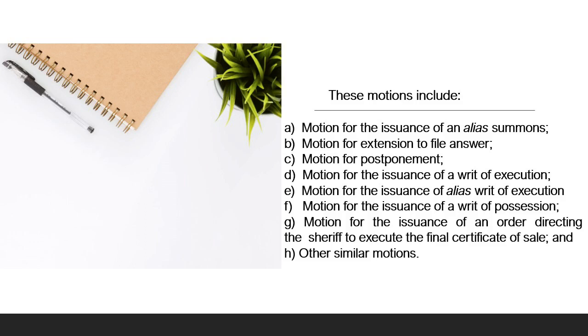Motion for the issuance of a writ of execution. e. Motion for the issuance of alias writ of execution. f. Motion for the issuance of a writ of possession. g. Motion for the issuance of an order directing the sheriff to execute the final certificate of sale, and h. Other similar motions.